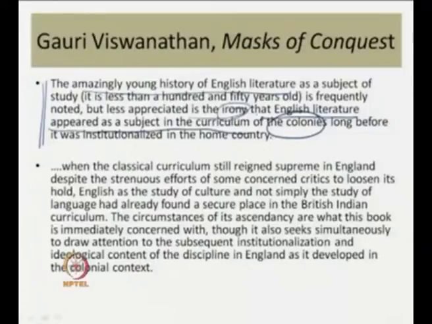Further, she says, when the classical curriculum still reigned supreme in England, despite the strenuous efforts of some concerned critics to loosen its hold, English as the study of culture and not simply the study of language. Look at this, English as the study of culture.